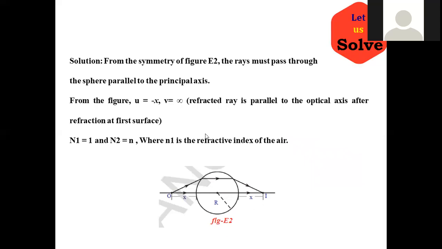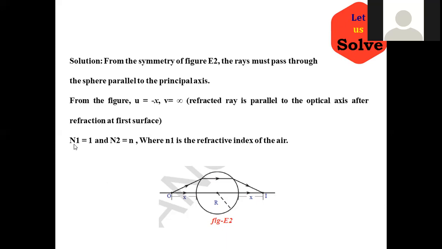So in accordance with this diagram, the value u is equal to minus x. u is the distance between the pole point and the object, called the object distance, denoted by u, whose value is minus x. And v is to be predicted and taken as infinite, since the refracted rays are parallel to the optical axis after refraction at the first surface. So it is placed at infinite distance.